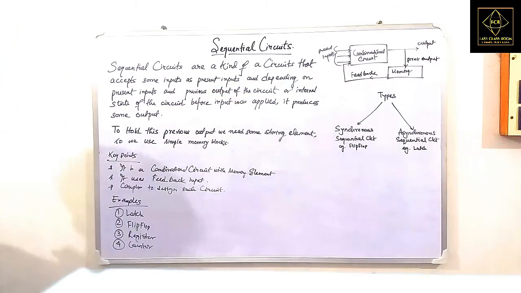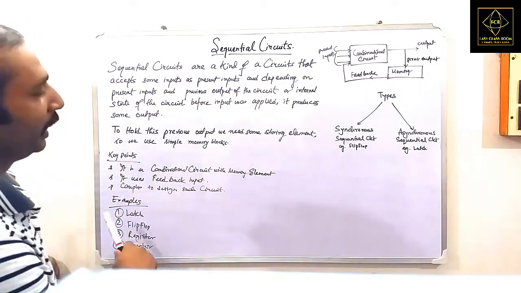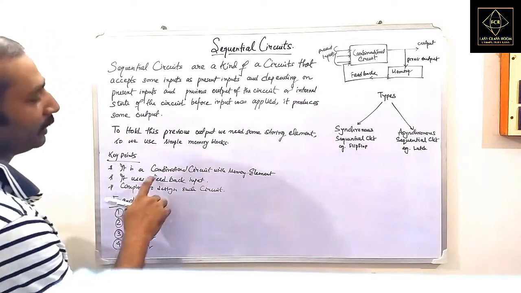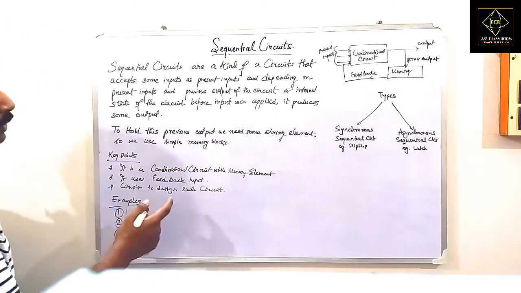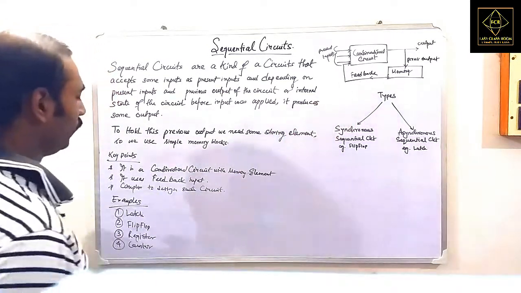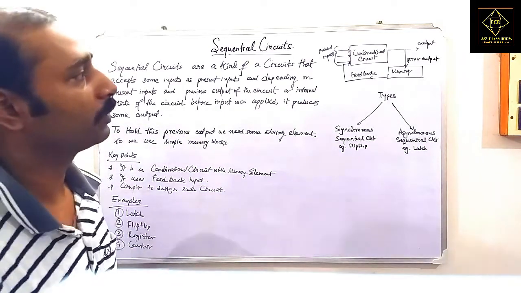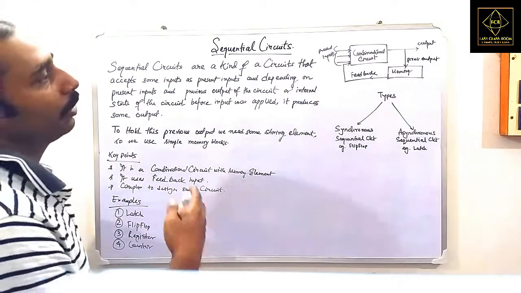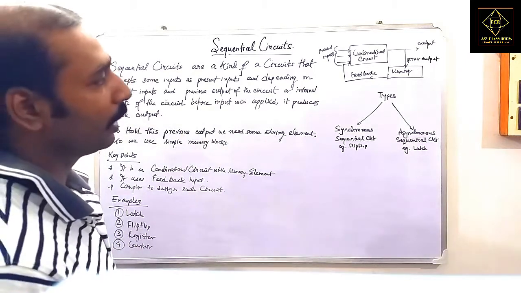Now, the key points we can discuss are the same as what we discussed earlier. It is a combinational circuit with a memory element. It uses feedback, and it has a complex design, because we have to incorporate this memory element and sync it or not sync it with our present inputs to get our outputs.